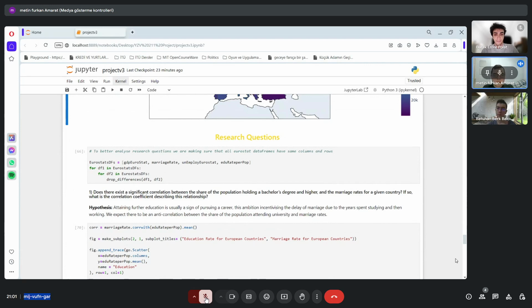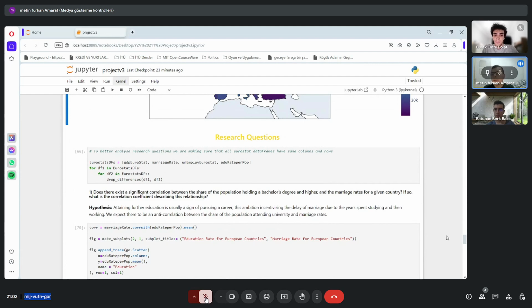For the research questions, we first had to do some further data engineering to make sure that the datasets were compatible with each other. What this essentially meant is that we dropped the columns and rows that were not present across all datasets, which in our case translates to basically discarding the years which were not recorded in all of the datasets and discarding the countries which were not present across all of the datasets.